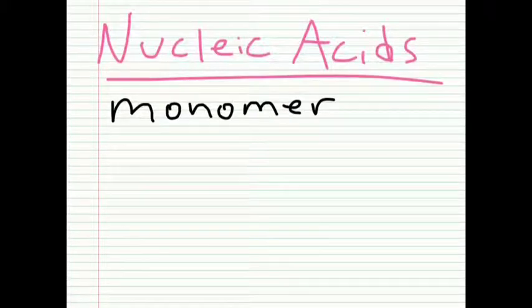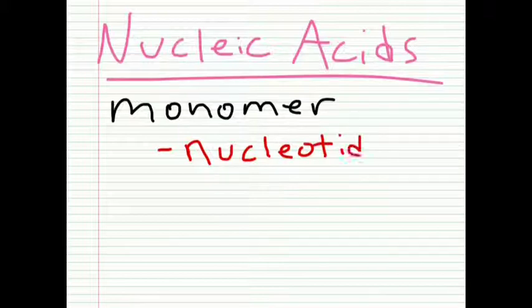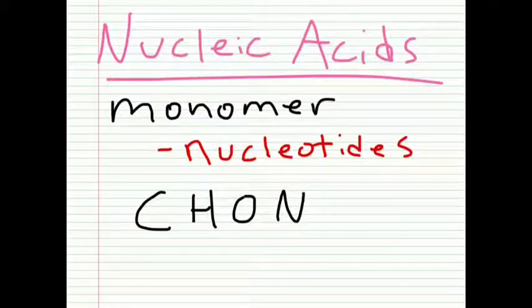And last but not least, nucleic acids. What makes up nucleic acids? Well, the Lego piece, or monomer, of nucleic acids, nucleotides. Now these contain all of the elements that we talked about before.